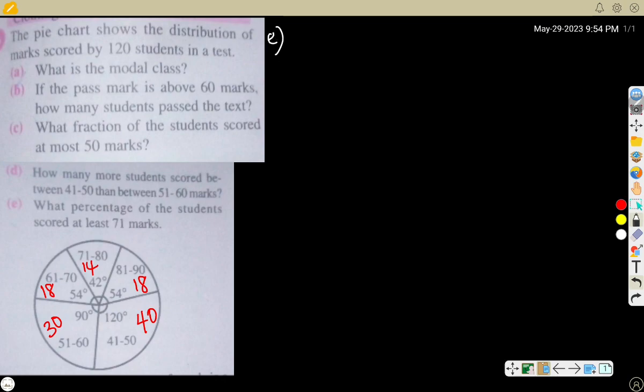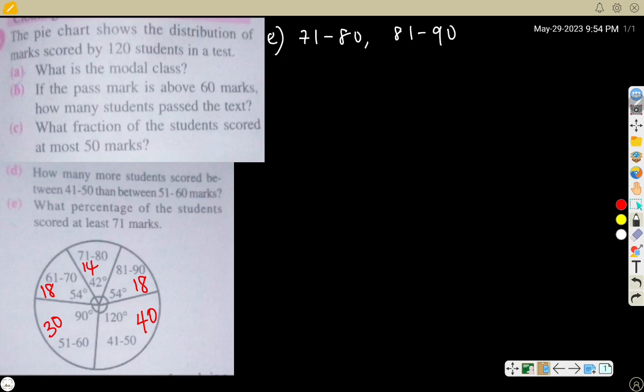If you look at the pie chart given, we have 71 to 80, 81 to 90. Those ones scored 71 and above. The question is asking for at least, so 71 above will be 71 to 80 and 81 to 90. That is the meaning of at least 71 marks.